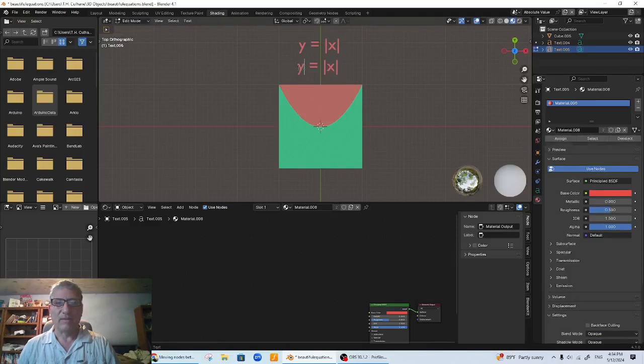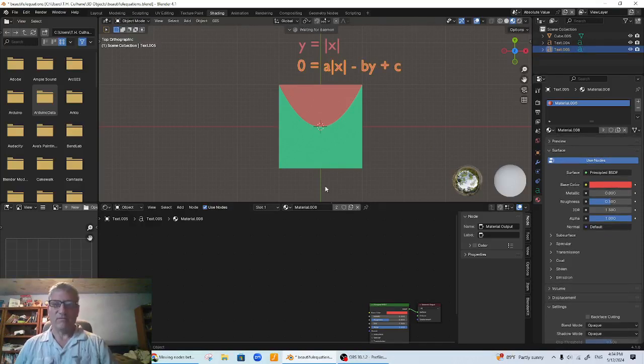This is now 0 equals a times absolute value of x minus by plus c. Always do that quadratic equation. It's so important for this.